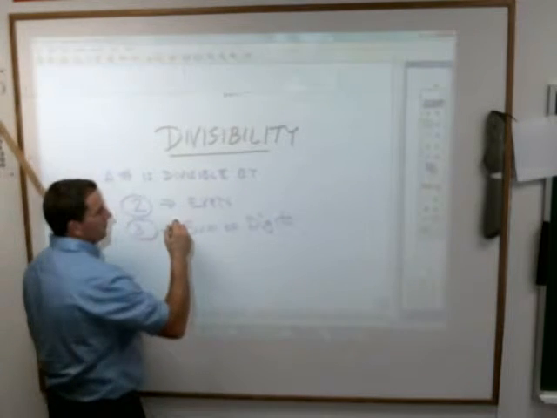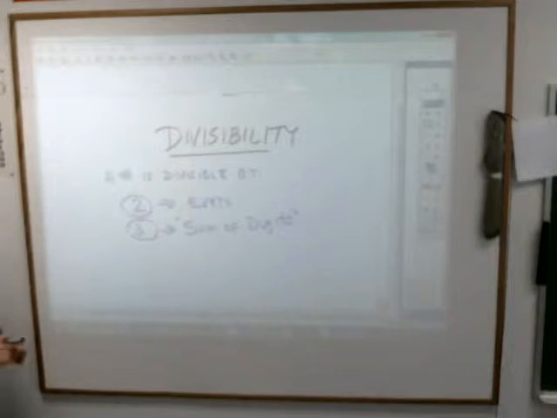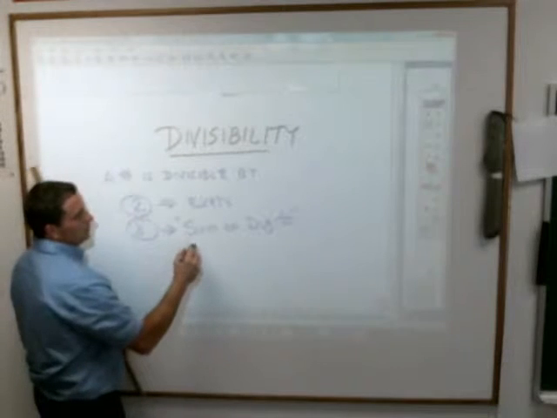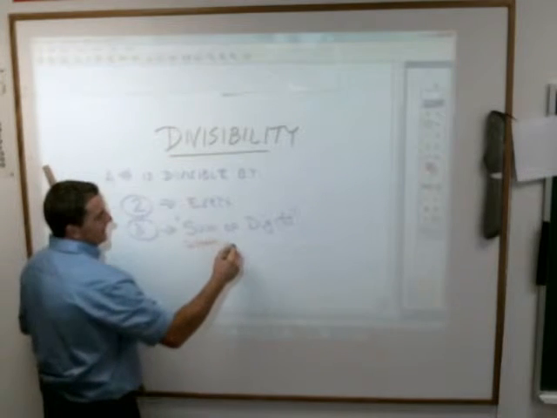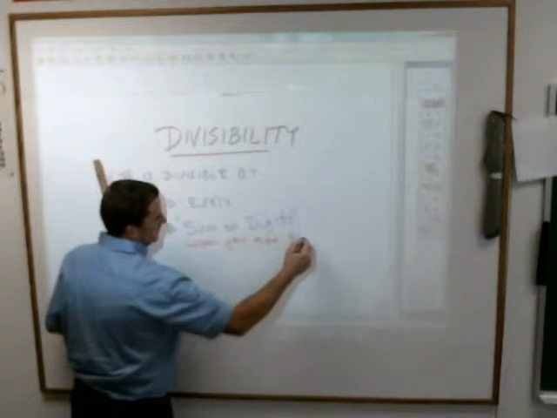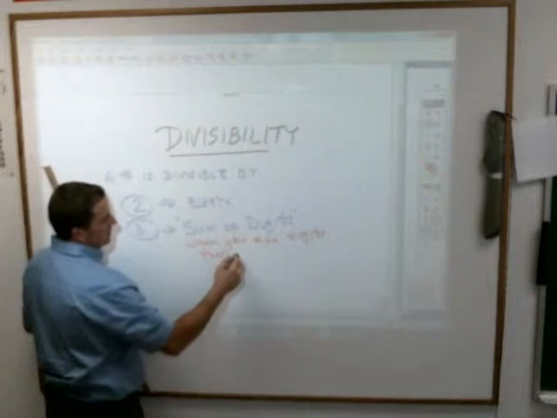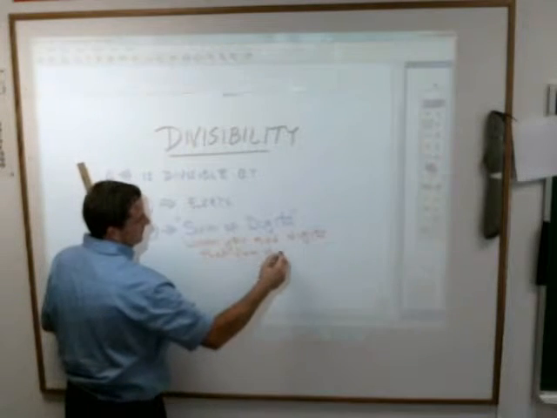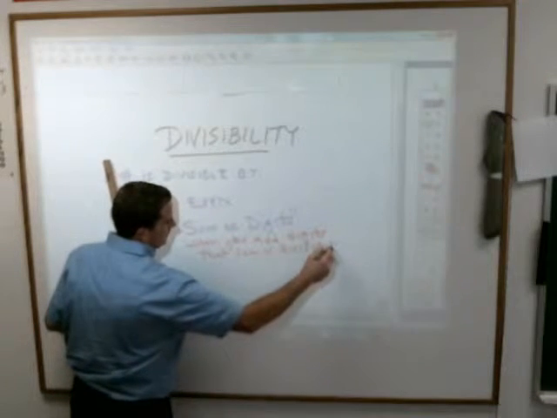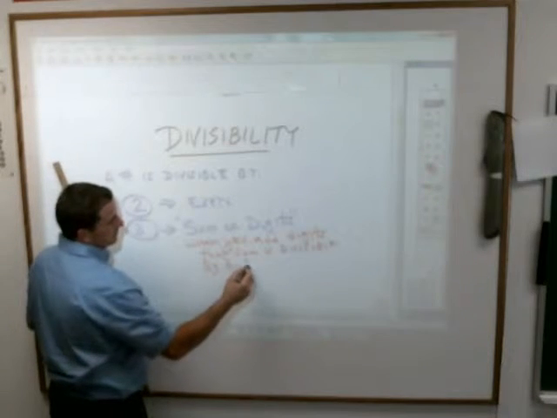It's the little thing we call the sum of the digits rule. And the sum of the digits says this: when you add all its digits, if that sum is divisible by 3, so is the number.